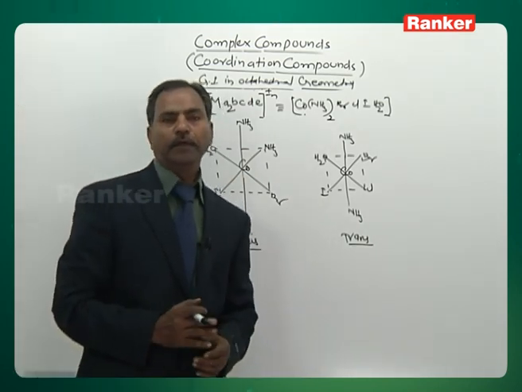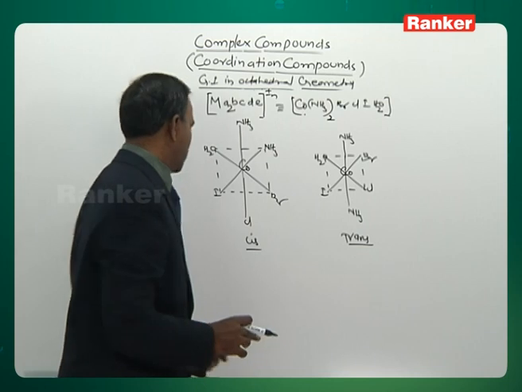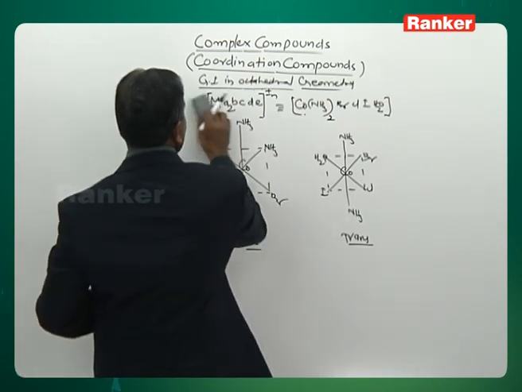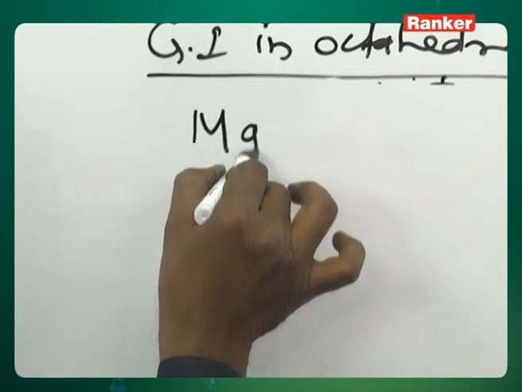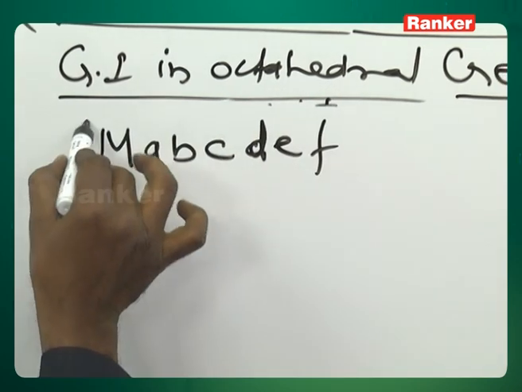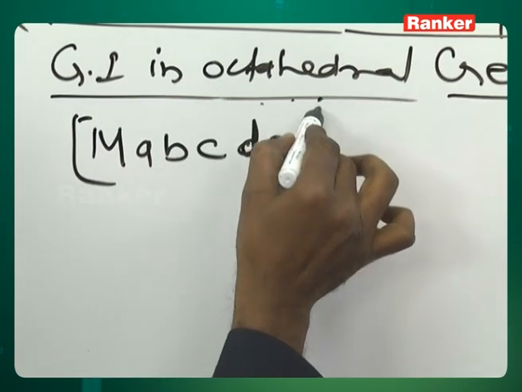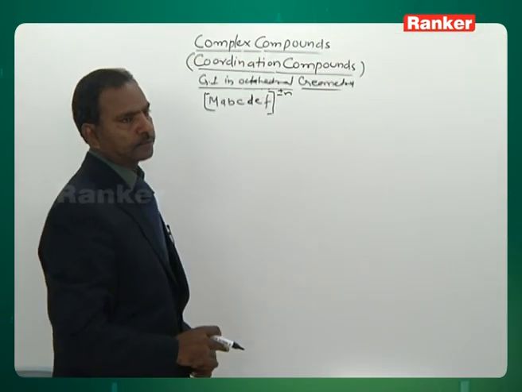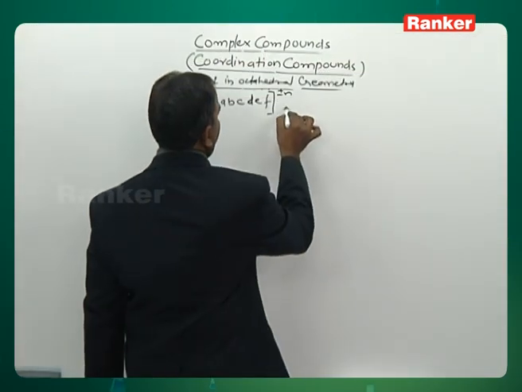Next, we take the last example. MABCDEF. All the 6 ligands are different. Let us discuss that one now. MABCDEF plus or minus n. So 6 ligands are different.